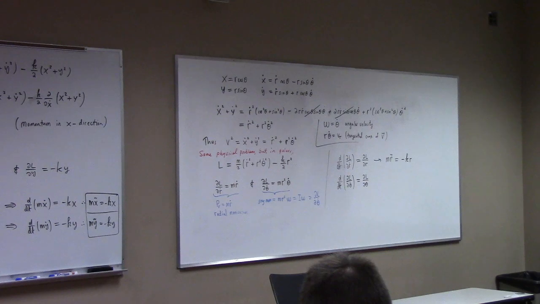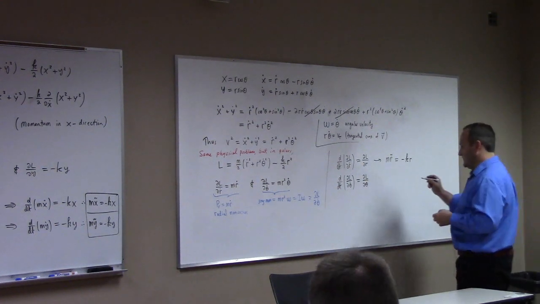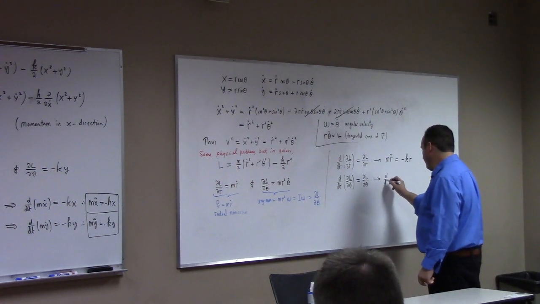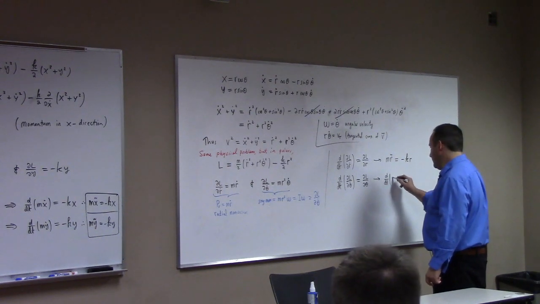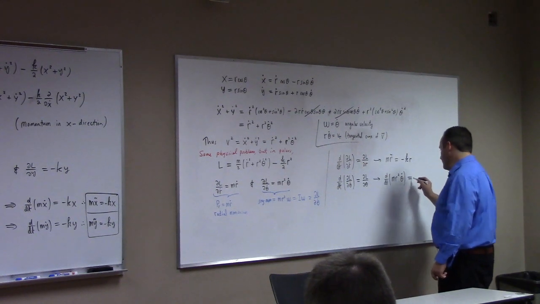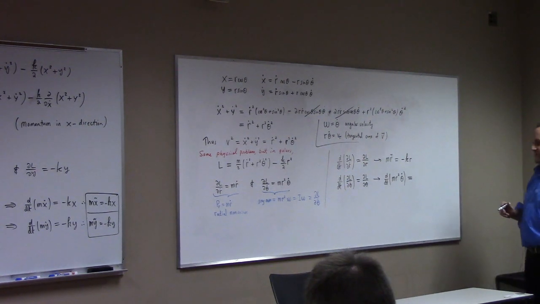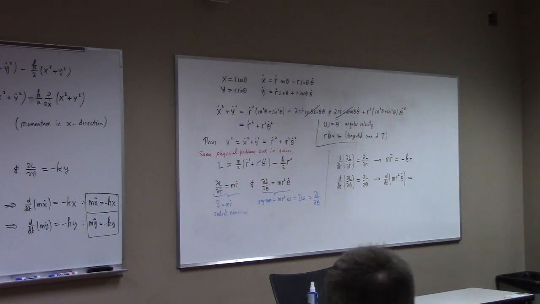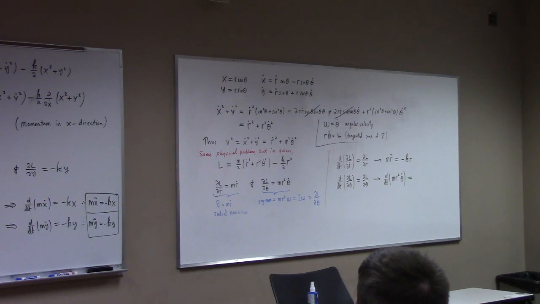And the theta one's different though, right? So this gives us d/dt of m r squared theta dot is equal to what? What's partial L partial theta? Is there any direct theta dependence to the Lagrangian here?